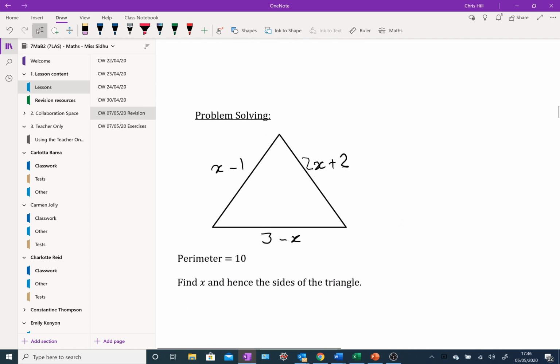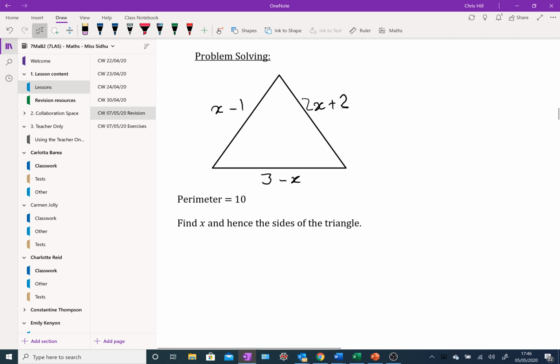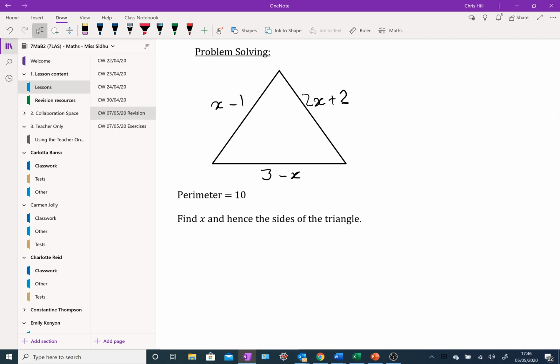Okay, last thing on algebra, we're starting to use it to problem solve, so you can get some wordy kind of questions. Here we're told that the perimeter of this triangle is equal to 10. We're not worrying about the units. So we know the perimeter is 10, so we're going to write 10 equals the perimeter is the sum of all the sides.